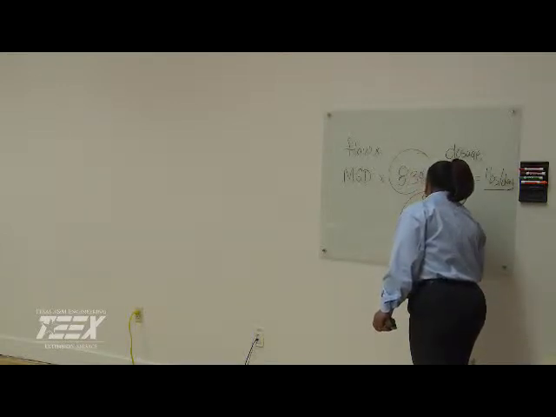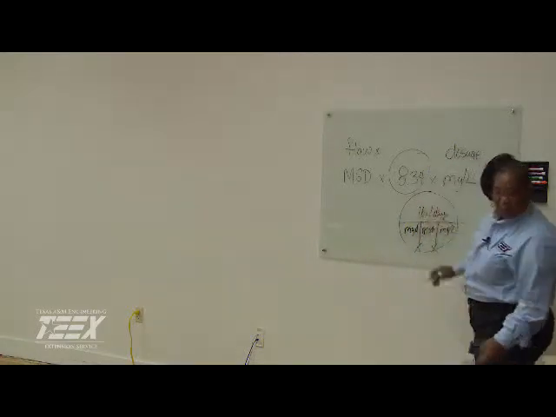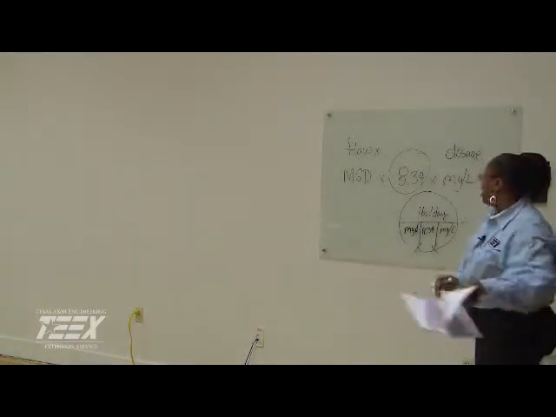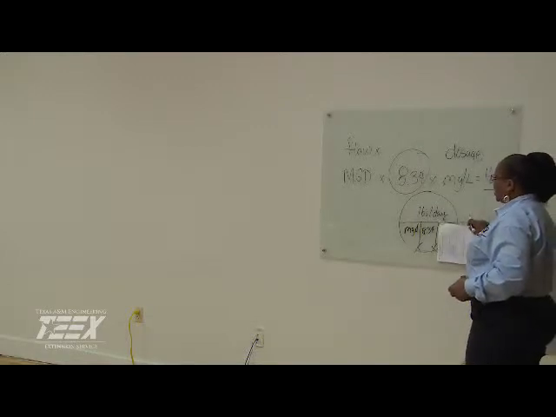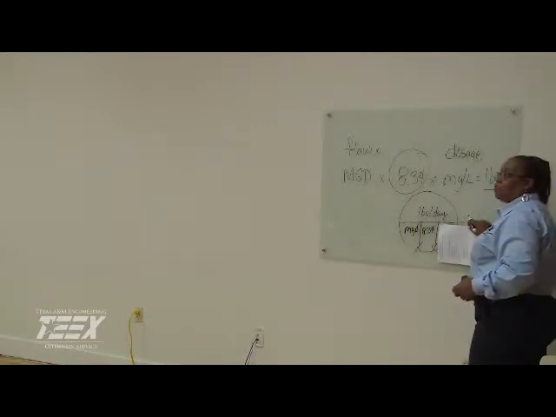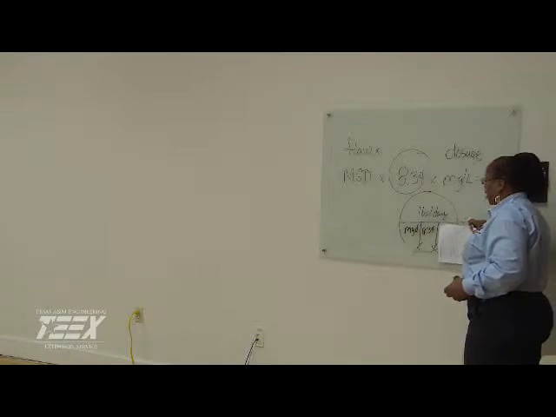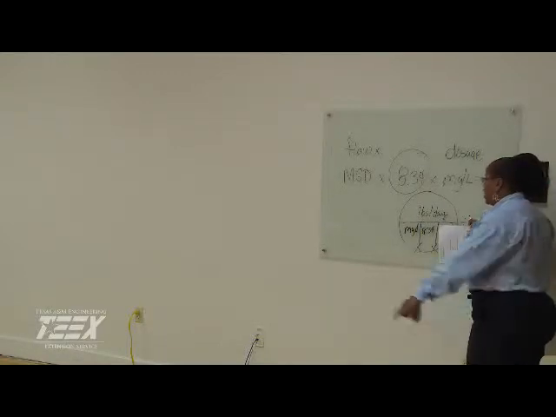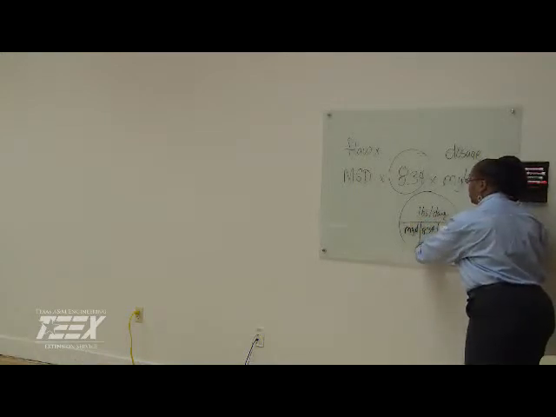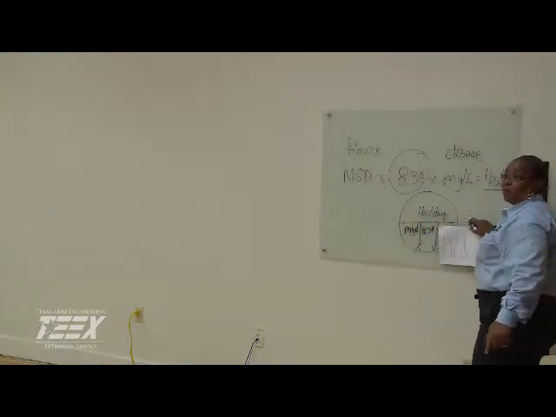So the way this works, so I don't have to worry about rearranging the formula: if I'm looking for dosage, simply cover up what you're looking for and perform the other function. If I cover this up, my formula has already been rearranged for me: pounds divided by flow times 8.34.